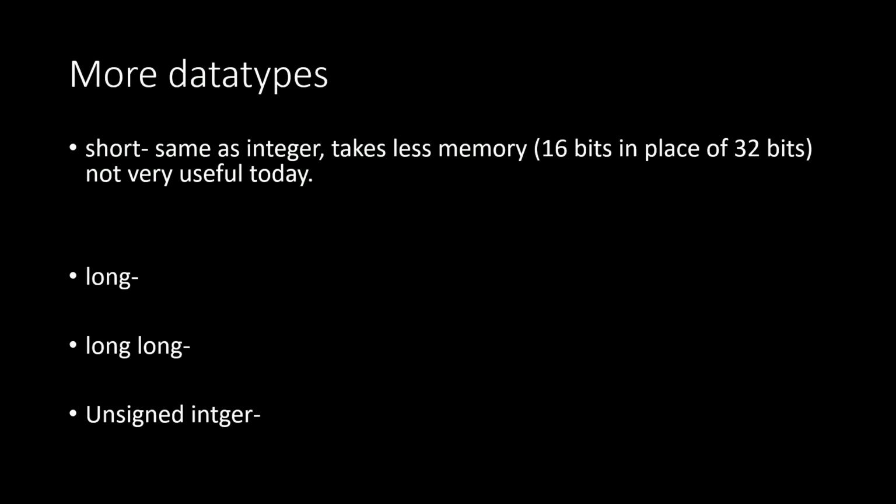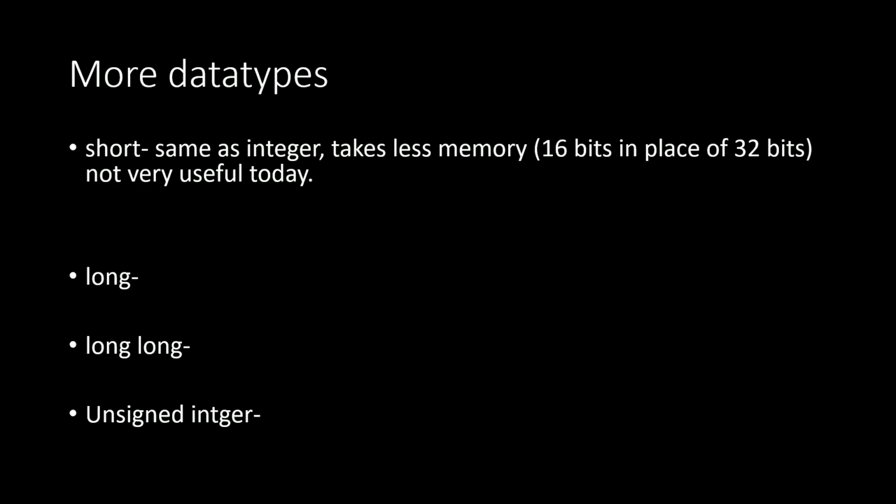Now let's talk about some more data types. So far, we have mostly used int for whole numbers, but C++ actually gives us a few more integer types. You don't need to use them all the time, but you should know what they are used for and what sizes those data types take in memory.